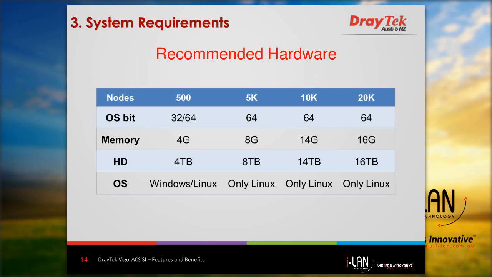This table just shows the recommended base hardware for the number of CPE nodes that can be managed. It ranges from about 50 up to any number. But for over 5,000 nodes, you will need more memory, and they recommend using a Linux operating system, because I think there are limitations in Windows when you get that many devices.